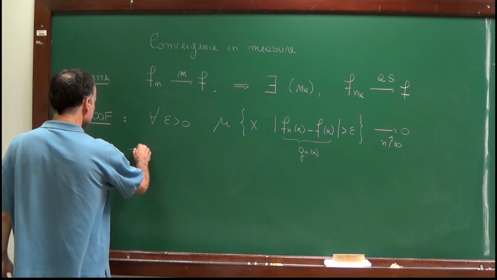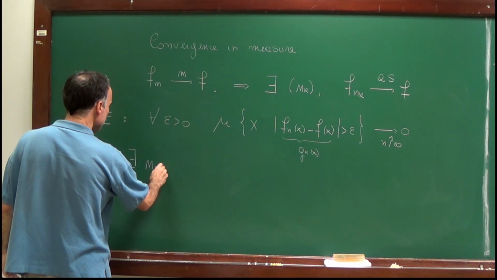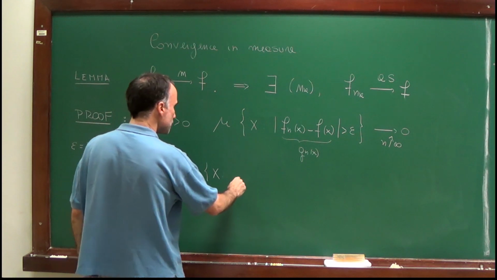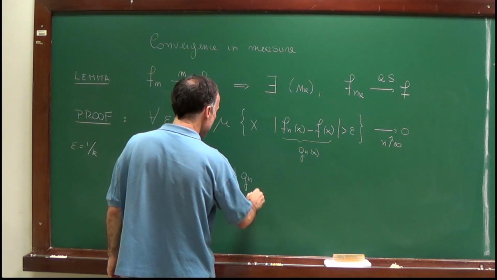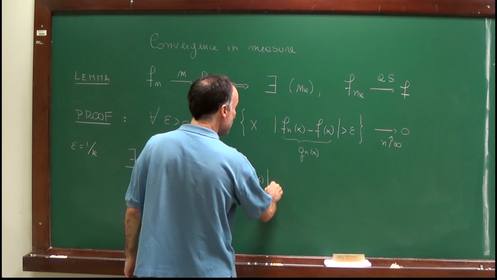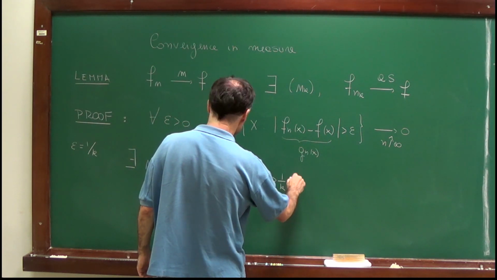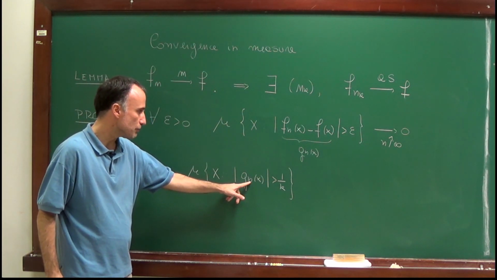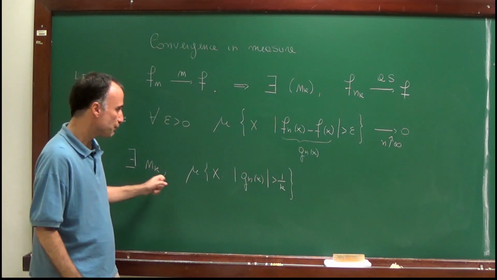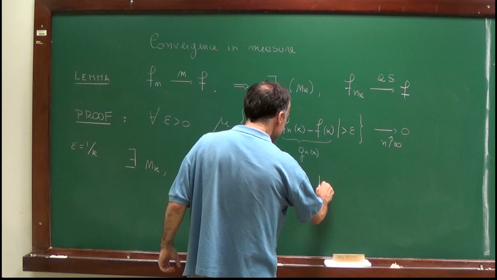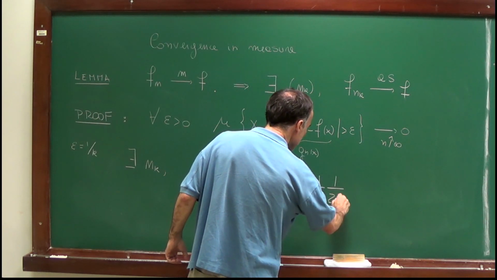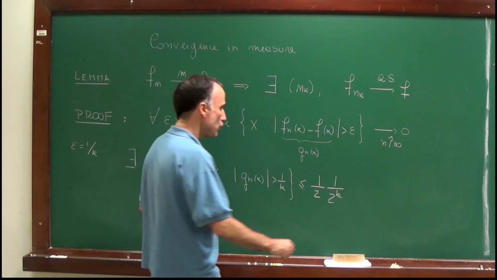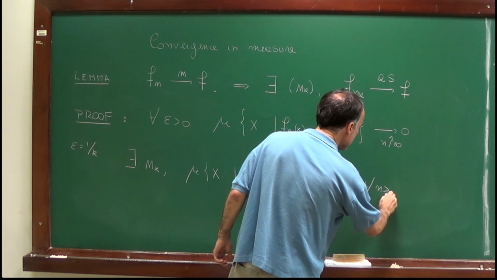So I can find nk for which the measure of the points x such that Gn(x) is larger than 1 over k, I know this sequence is converging to 0 as n goes to infinity, so I can find nk for which it is smaller than 1 over 2 multiplied by 1 over 2 to the power k for all n larger than nk.